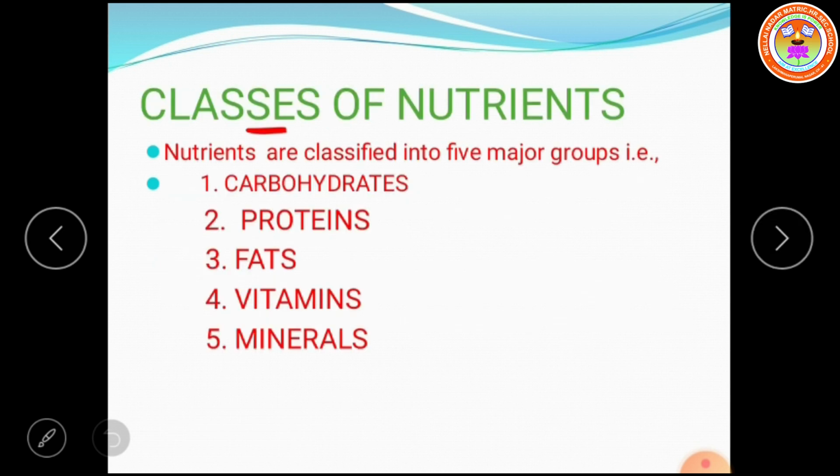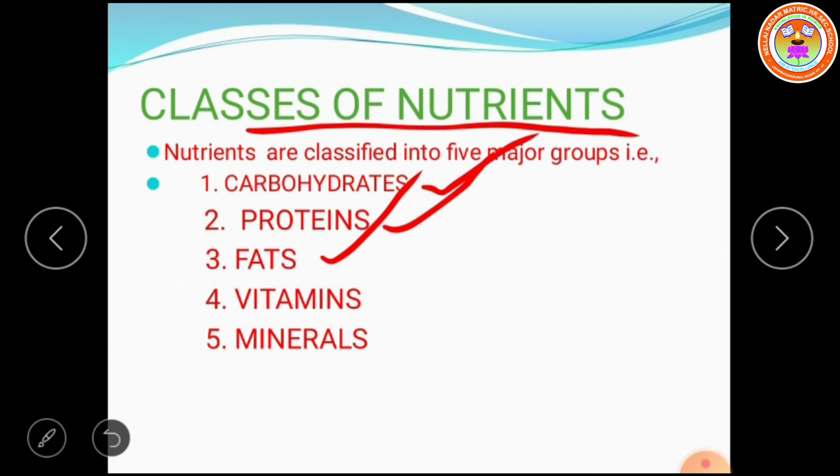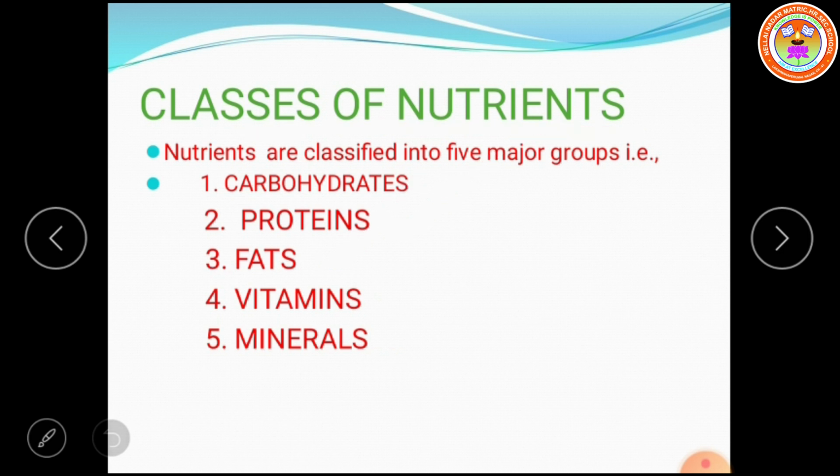The classes of nutrients are carbohydrates, proteins, fat, vitamins, and minerals. These are the different types of nutrients which are present in our diet in different quantities, children. So we are going to look at each and every nutrient one by one.